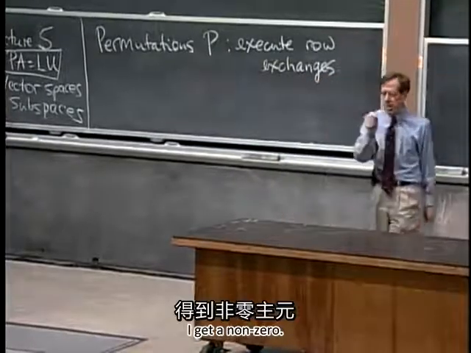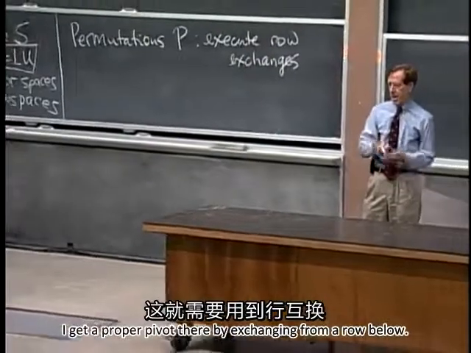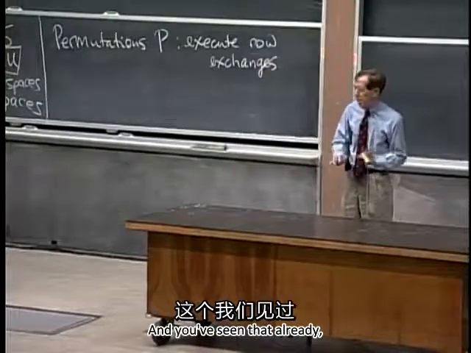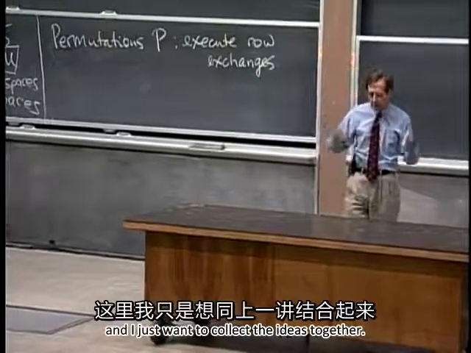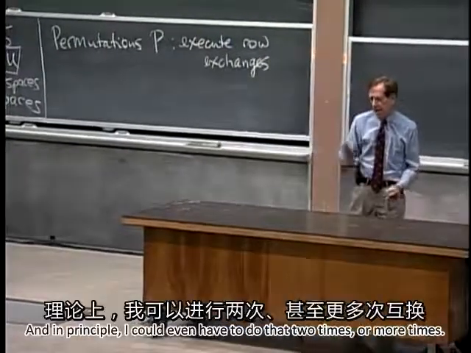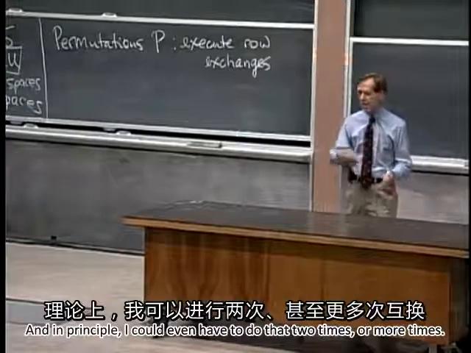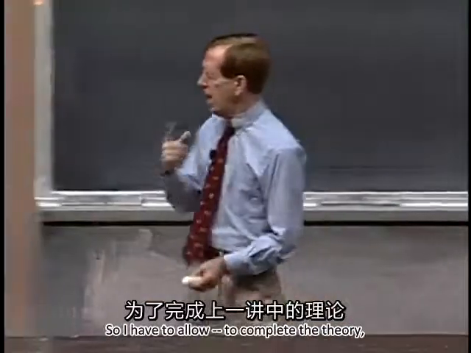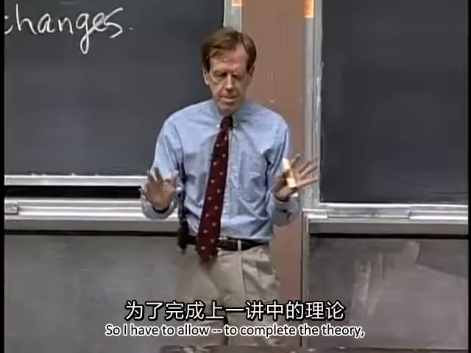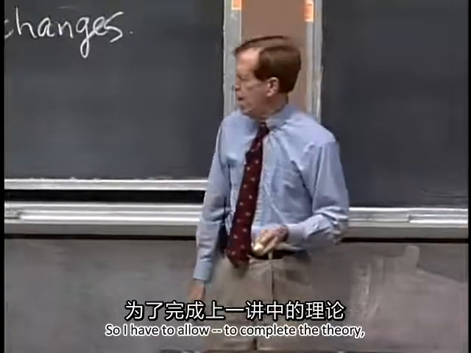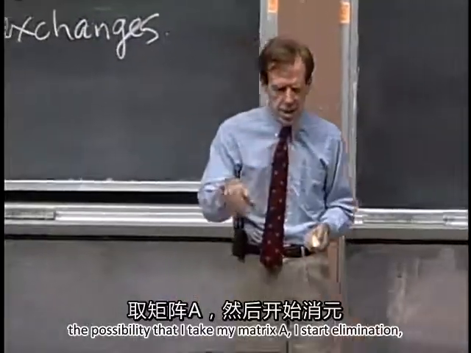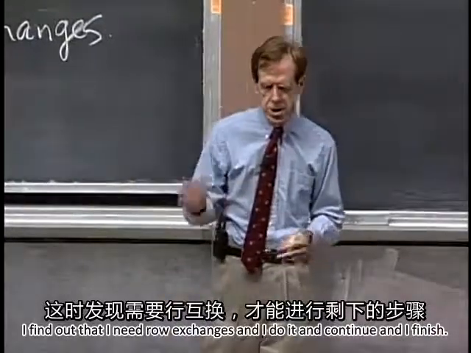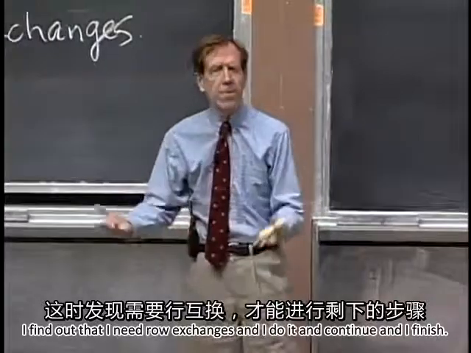I get a proper pivot there by exchanging from a row below. And you've seen that already, and I just want to collect the ideas together. And in principle, I could even have to do that 2 times or more times. So to complete the theory, I have to allow the possibility that I take my matrix A, I start elimination, I find out that I need row exchanges, and I do it and continue and I finish.